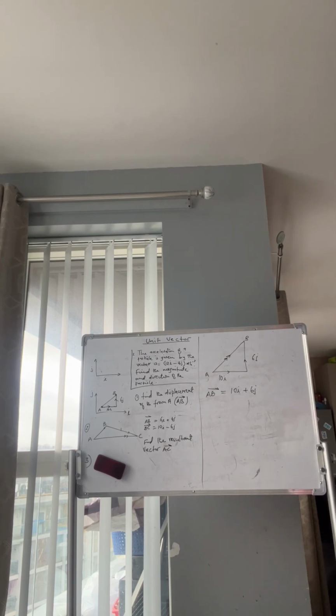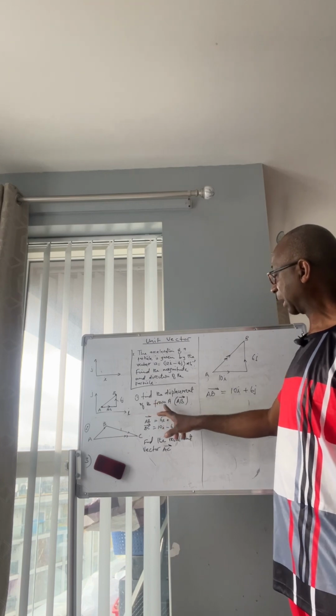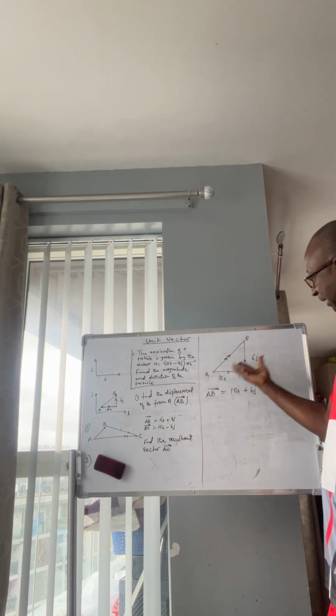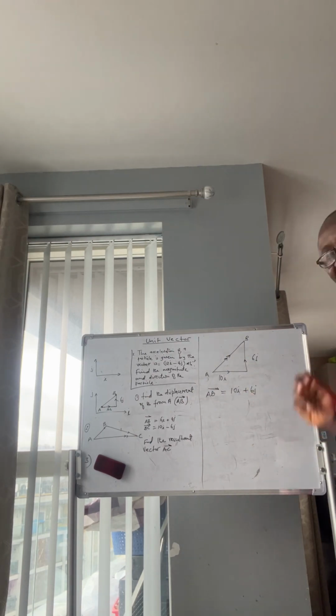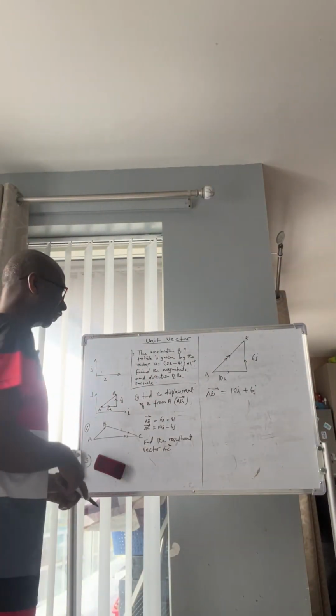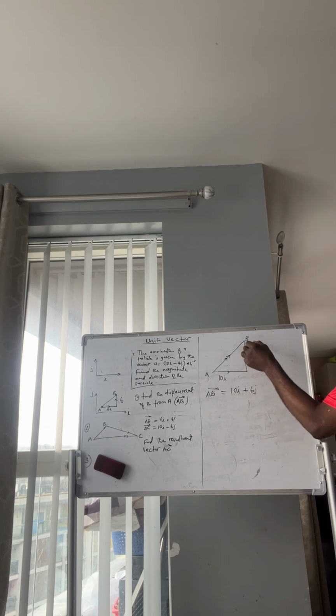If you are asked to find the displacement from B to A, then the signs are going to change. The signs will change. That's why you see these arrows, they mean something. You're going this way, this way. So if you are now asked to find from B to A, the sign will change.